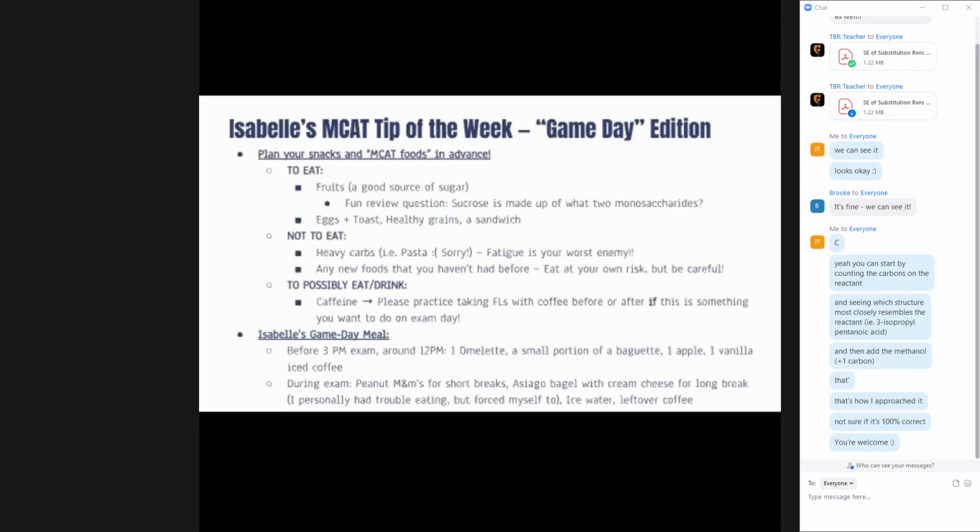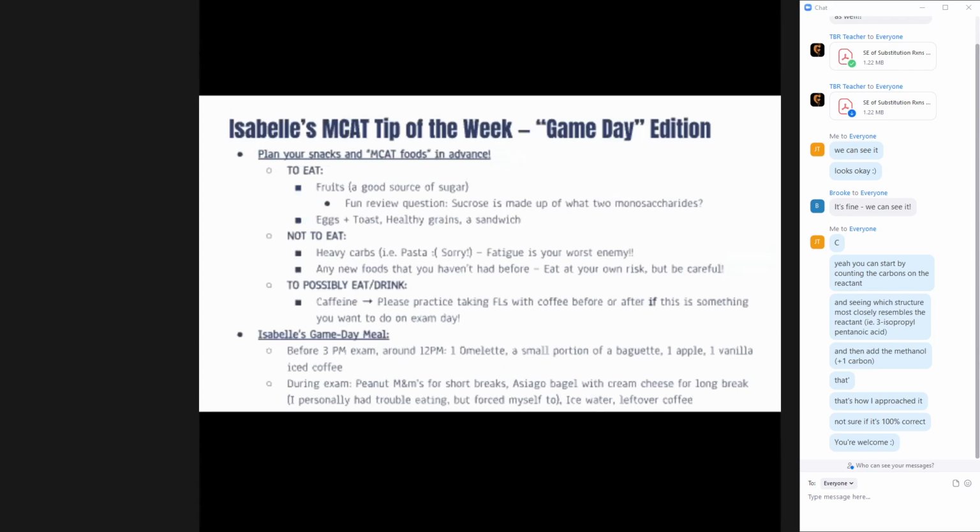Sometimes people forget that it's big test day and they try something new to eat and then they have a little stomach ache on test day, and that is pretty devastating. I mean, it's already hard to focus and take this really difficult exam, and imagine on top of that your stomach hurts. So I'm just giving a few examples of the things that I recommend eating and that I also ate on my test day.